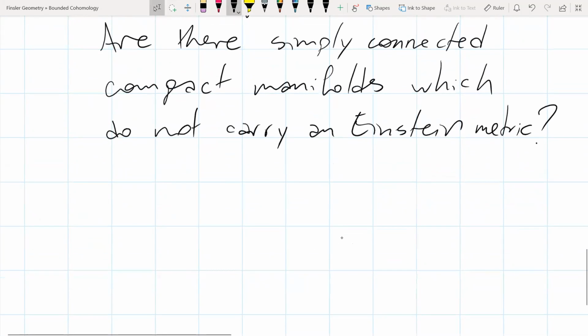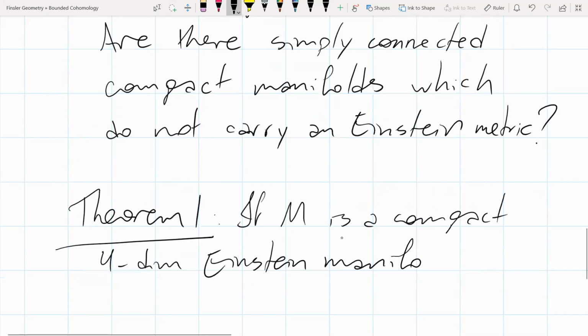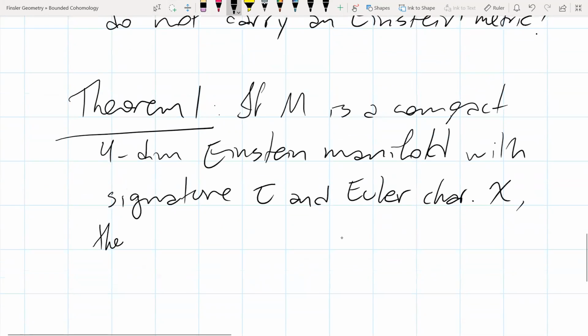So for that, we have the first theorem: if M is a compact four-dimensional Einstein manifold, with signature tau, and Euler characteristic E, then the absolute value of the signature must be bounded above by 2/3 of the Euler characteristic.